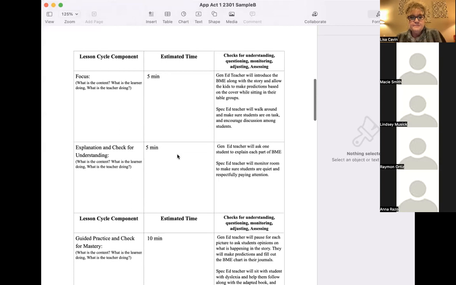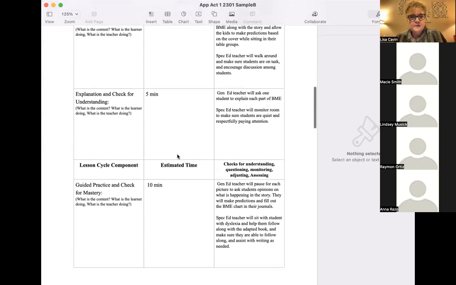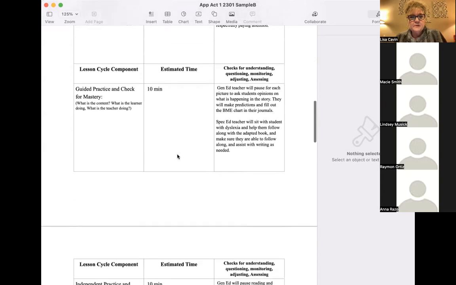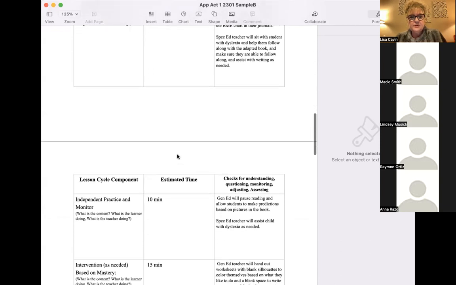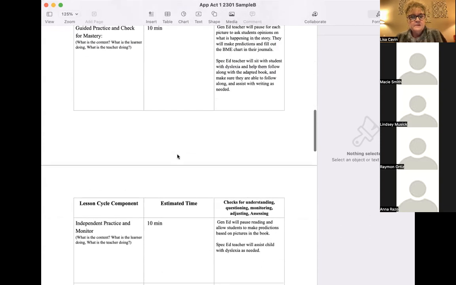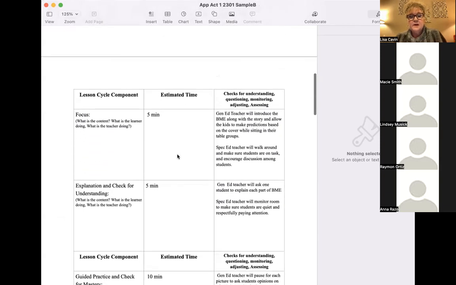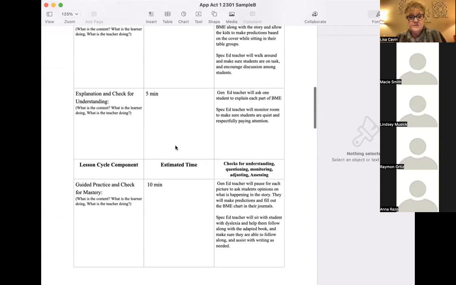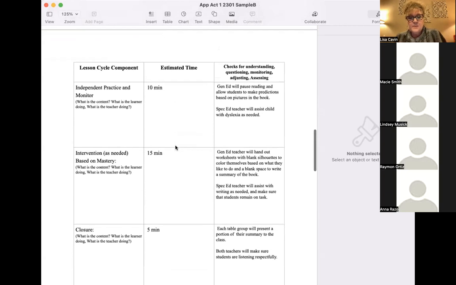They used a chart as part of the piece that they turned in here. They've got their lesson cycle components, how much time, and that's not a requirement. It's just the way these students decided to illustrate the lesson that they put together.